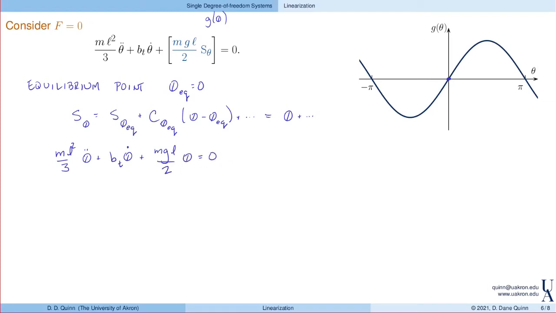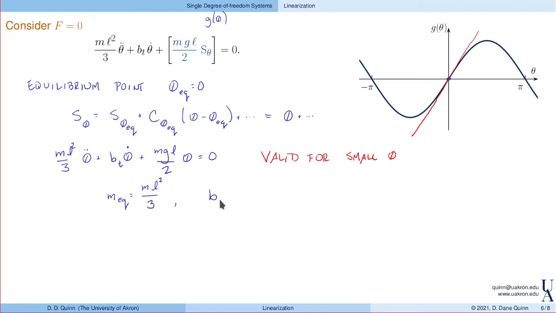And this is valid for small theta. So for small oscillations, we've taken this original nonlinear function and replaced it by a linear approximation. We can identify the equivalent mass as m l squared over 3.